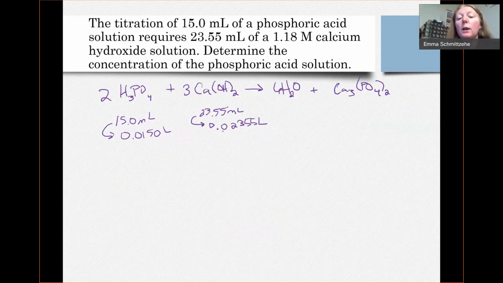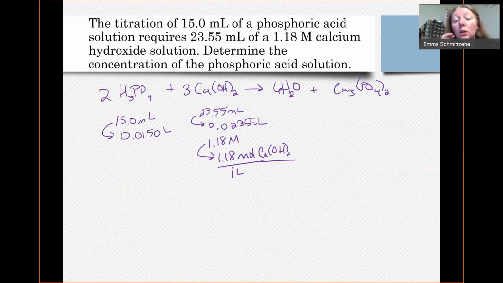If you prefer, you can write out that conversion, but after you do so many, you can do it in your head. Okay, calcium hydroxide is 1.18 molar, which we can rewrite as 1.18 moles per 1 liter, and that's moles of calcium hydroxide. Okay, so that's all our given information, and I've rewritten them in ways that maybe are more useful.